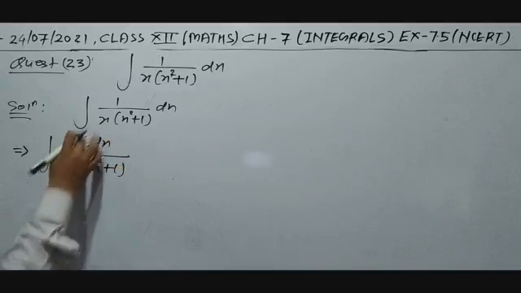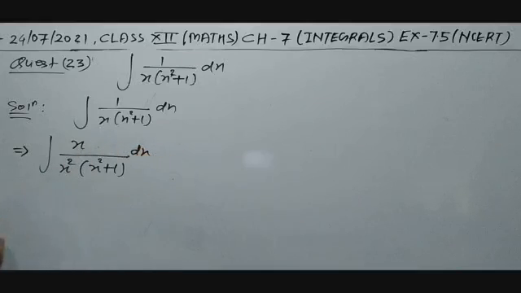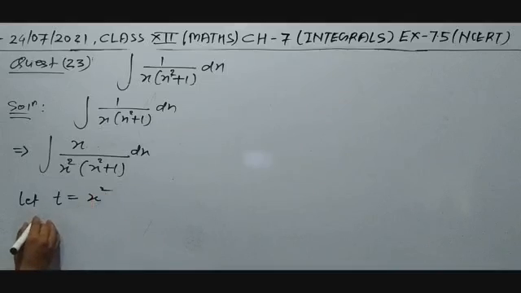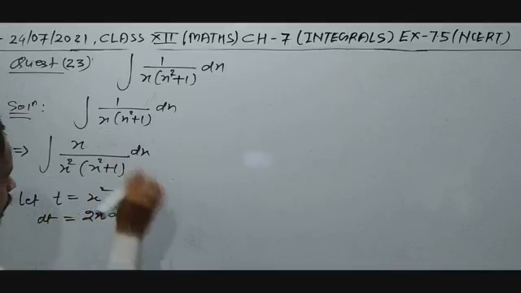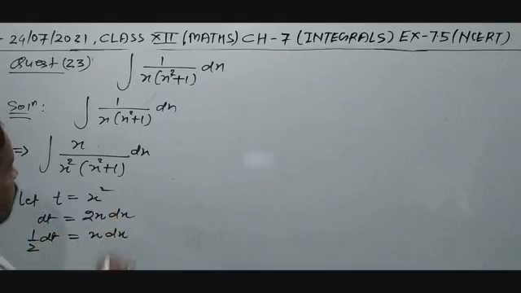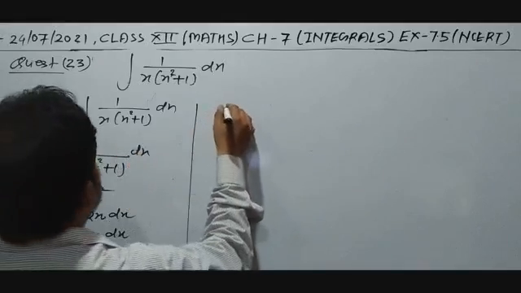I have rationalized by x, so the result is x times dx. So in this question you can consider let t is equal to x square. Now dt will be equal to 2 times x dx. So 1 by 2 dt will be equal to x times dx.